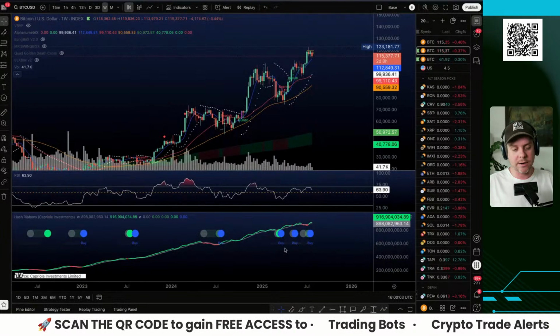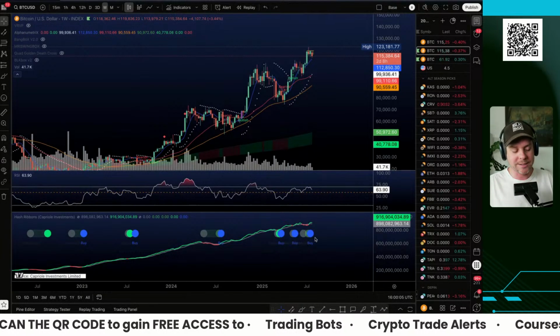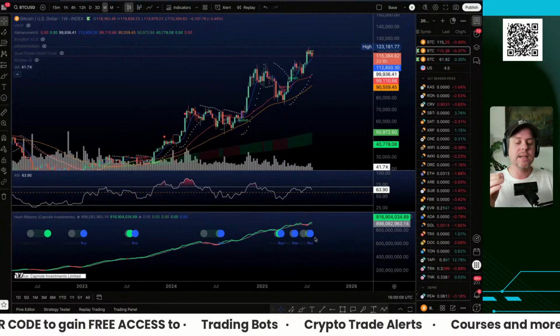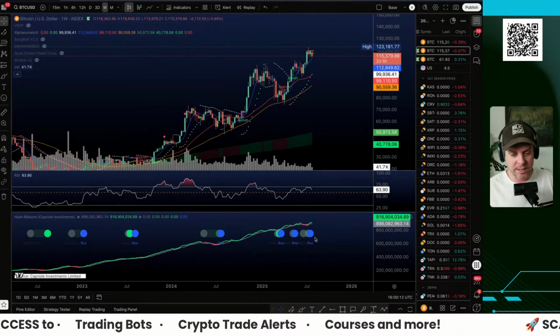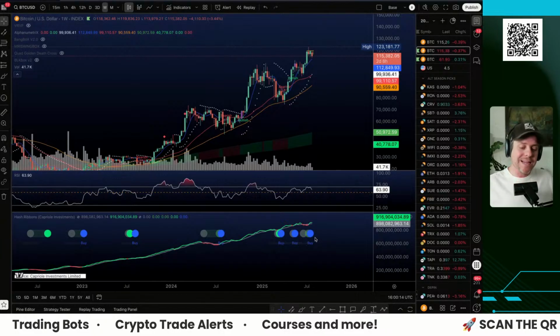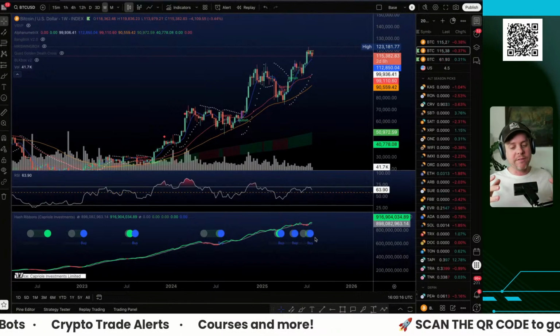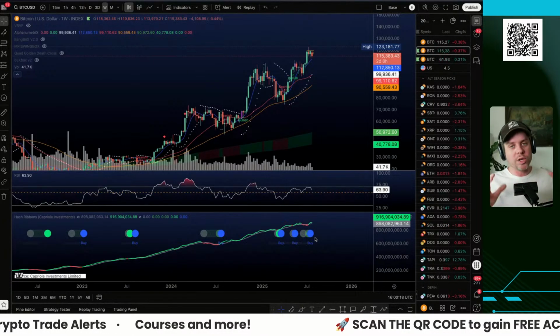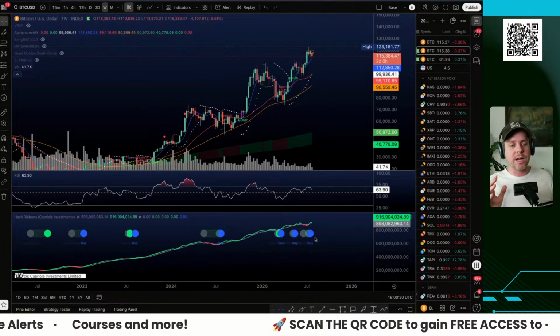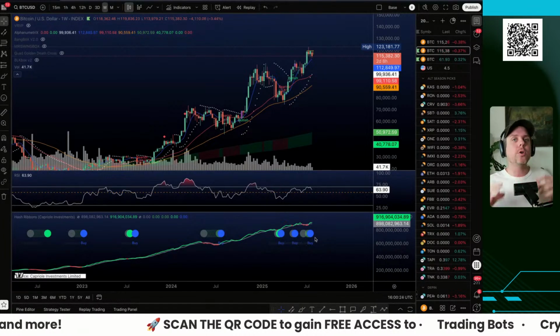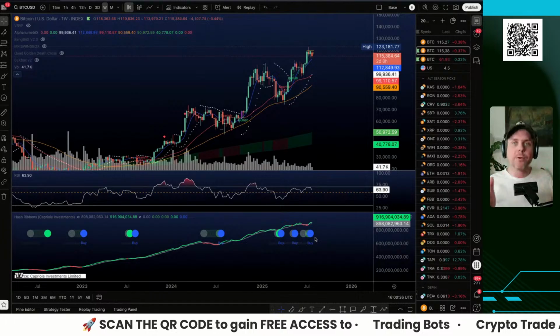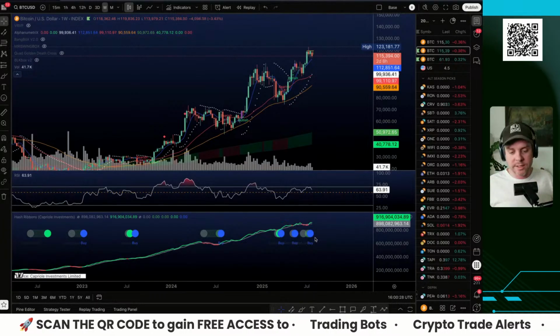So this little area down here where you're seeing all these blue dots, this is a very interesting technical indicator. If you're unfamiliar with this indicator and how it works, basically it's almost a fundamental indicator, which I like those types of indicators. This is why on-chain analysis can sometimes be helpful when trying to gather the macro picture of what's going on in the markets.